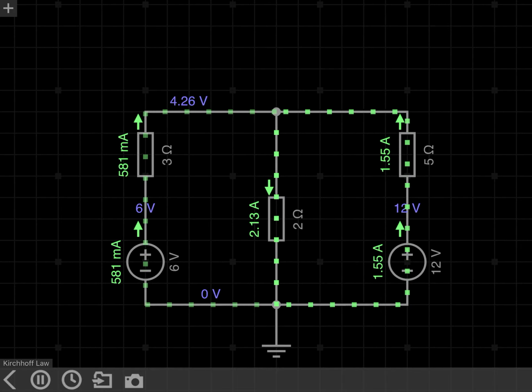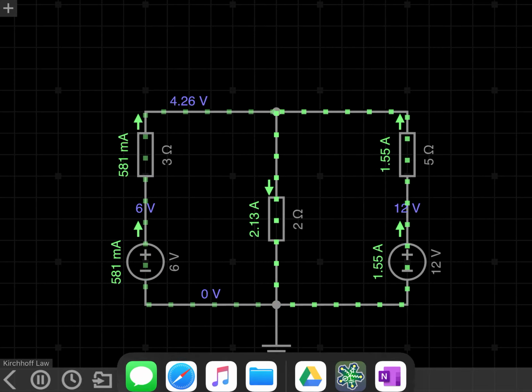In the middle, this is our R3 current or I3, here also 2.13 ampere. The direction of current is given, as well as for our resistance 1 and also I2. I2 is given 0.581 ampere or 581 milliampere. So our calculation is right.